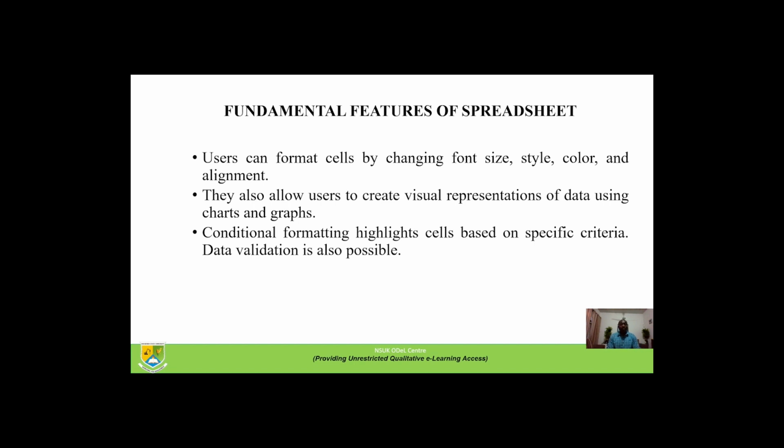Users can format cells by changing the font size, style, color, and even the alignment. They also enable users to create visual representation of data using charts and graphs. Conditional formatting highlights cells based on specific criteria, and data validation is also possible.